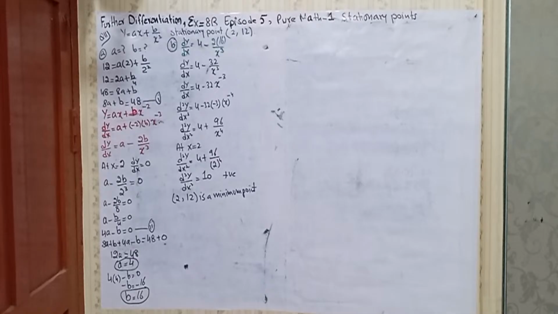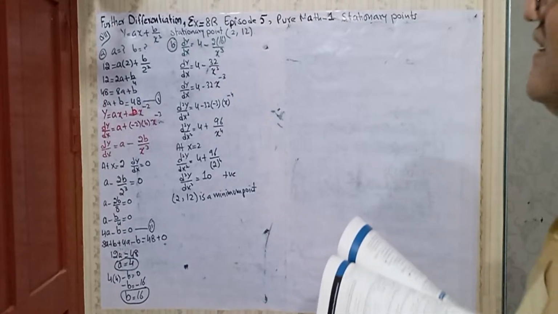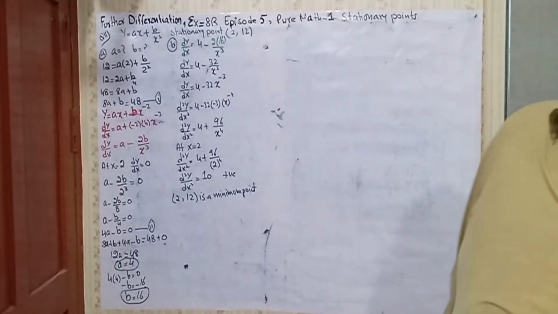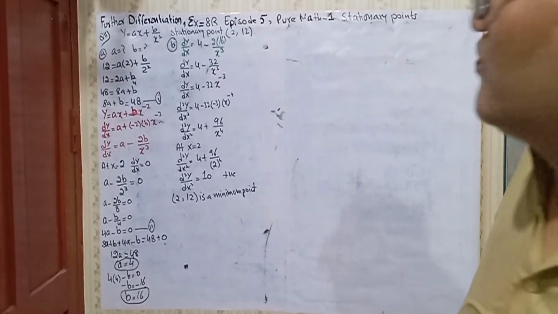Then we have question number 11, C part. He says find the range of values of x for which the function ax plus b by x square is increasing. Okay, so they want this function to be increasing. For a function to be increasing, the dy by dx value should be positive.